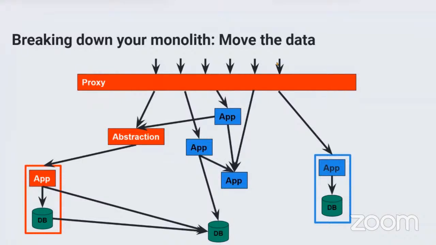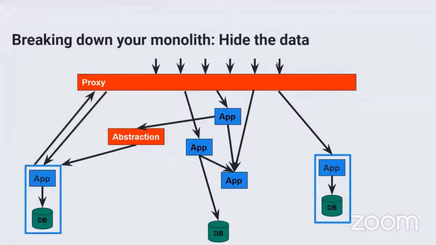But let's say that we still have a dependency between the database that's been brought out and the core database that's left still inside. This isn't ideal. What we would prefer to do is something like this, where all of the data traffic is going back through that proxy, back through that communication layer, and we are avoiding those direct database to database dependencies because they cause us so much pain.